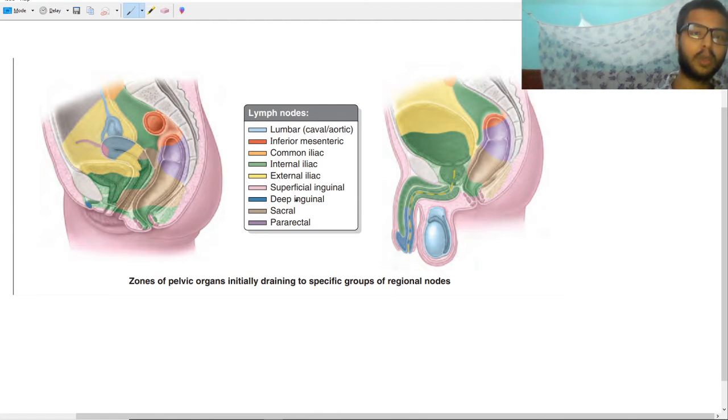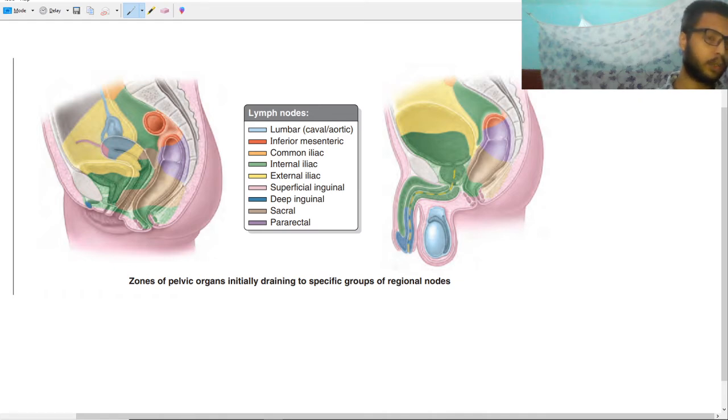So the lumbar lymph nodes are demonstrated by this sky blue color, okay? So what are the structures draining into lumbar lymph nodes? You can see here, in female, along ovarian vessels, these lymph channels drain, okay? So what are the structures draining?